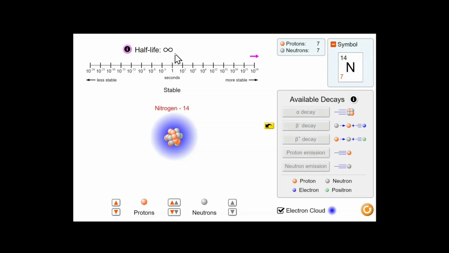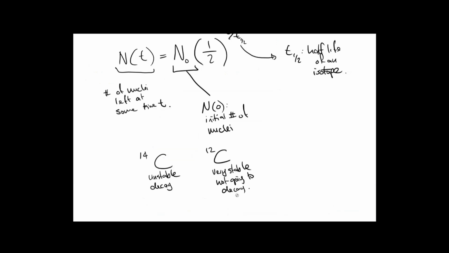The half-life is 0, so it is absolutely stable. But let's work out why this is important. When biological matter dies, the carbon-14 starts decaying.